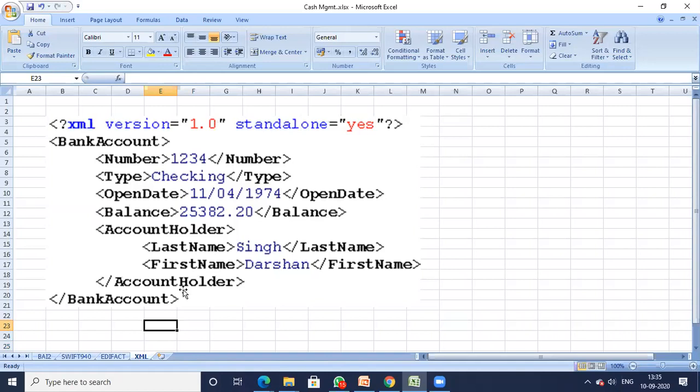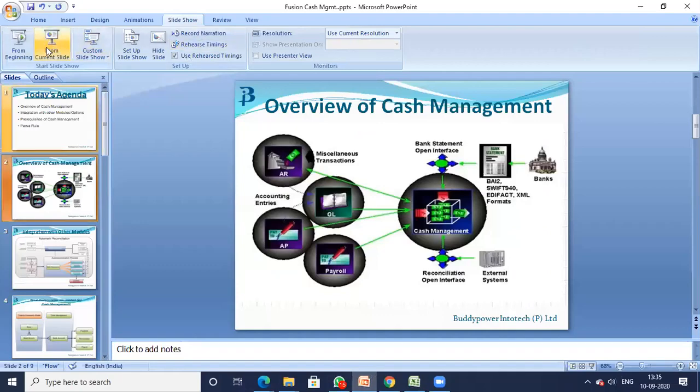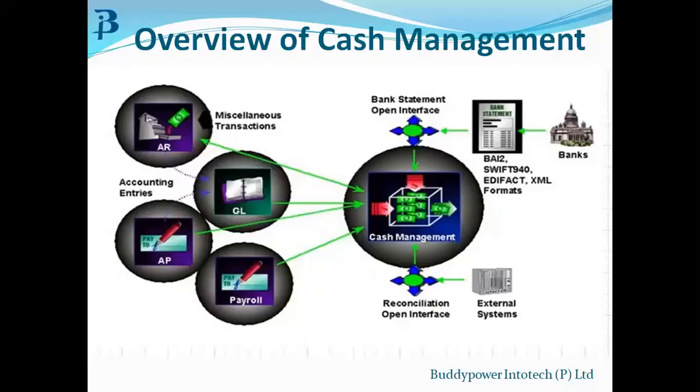These are all loaded into your cash management system through the bank statement open interface. With whatever rules you set up, your cash management is integrated with all the other options of your financials, and the regular transactions keep taking place.